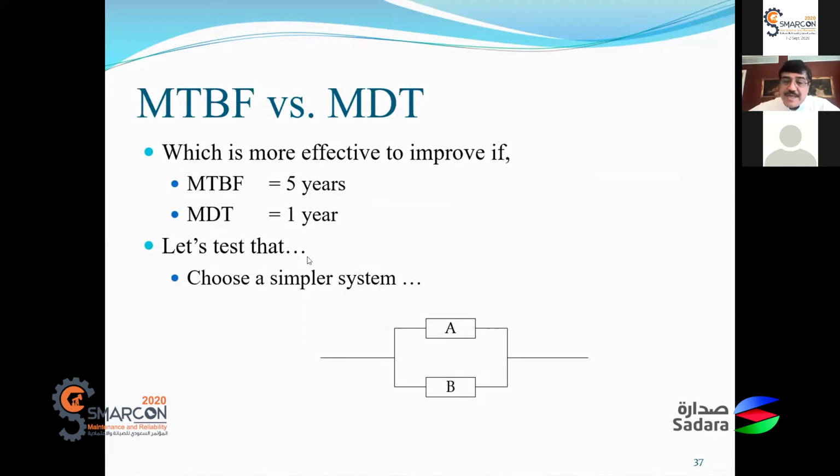But if we choose a simpler system, where there are two pumps running in parallel and you only need one, with an MTBF of 5 years and a downtime of 1 year, let's see what will happen if we improve the MTBF, or if we improve the mean downtime.